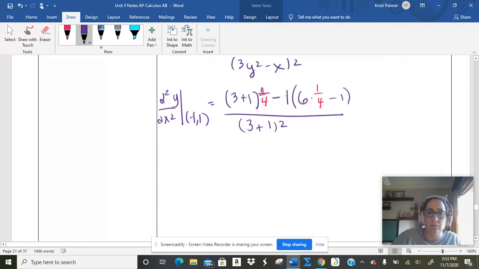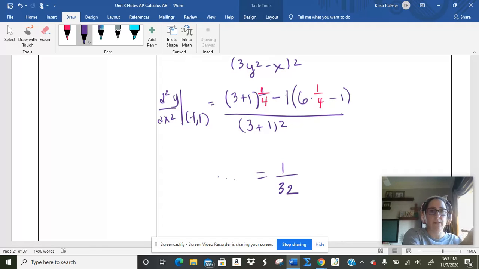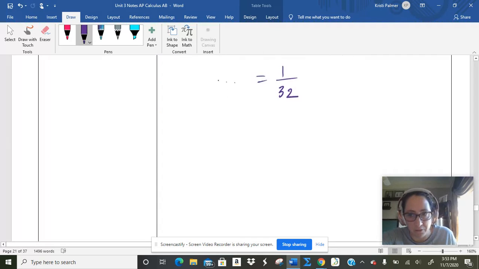And simplify that down and see if you can get 1 over 32, because that could be on a multiple choice. So that's a little bit easier instead of replacing and rewriting when you're looking for the number only, to use that first derivative to plug in the number from there. Little trick of the trade.